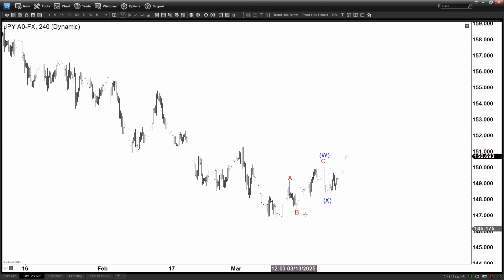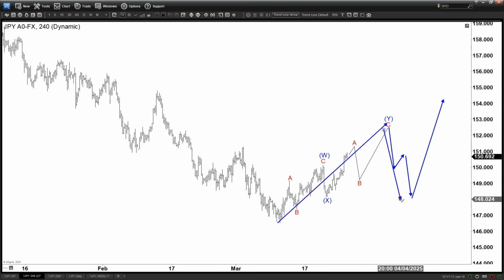But now looking for a double zigzag, we should be looking for A to finish and a B and a C like this before we finish the Y, and then potentially from here we can go to a new low, or at least yet another big 3-wave pullback that fails to take out the low and rallies again in a much bigger WXY from the low. So that's also possible.